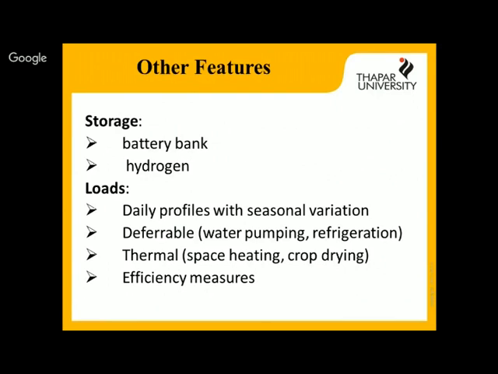You can feed an 8760 hour load according to your demand. Deferrable load, I already discussed: if you have excess electricity, you can go for water pumping or heat application. Thermal applications, there are so many load options when we come to the actual system.